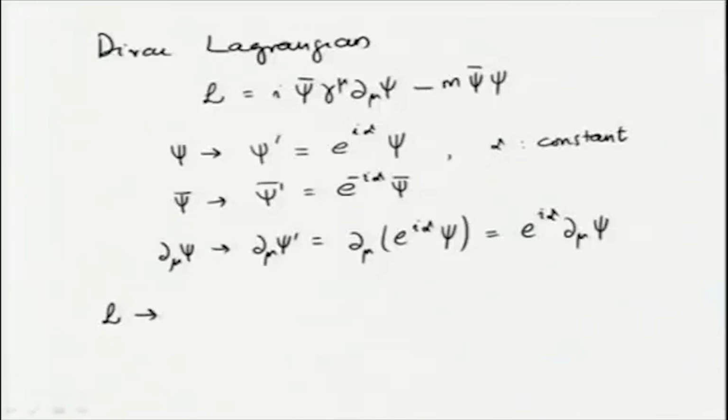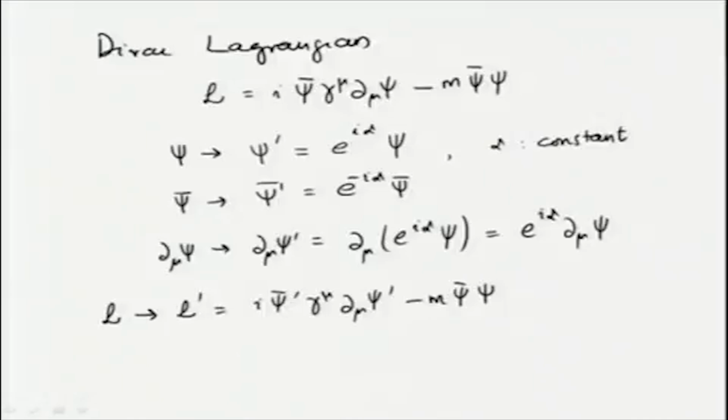Let us put all these back in the Lagrangian. So, the Lagrangian will go to some L prime, say, is i psi bar prime gamma mu dou mu psi prime minus m psi bar psi. When I multiply psi bar and psi together, exponential factors cancel.